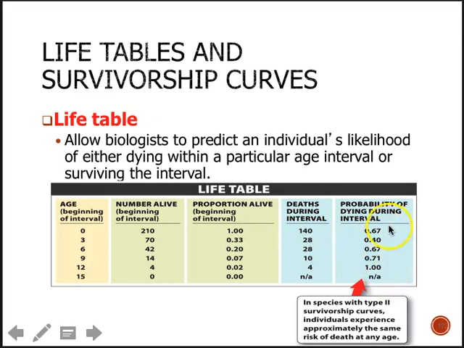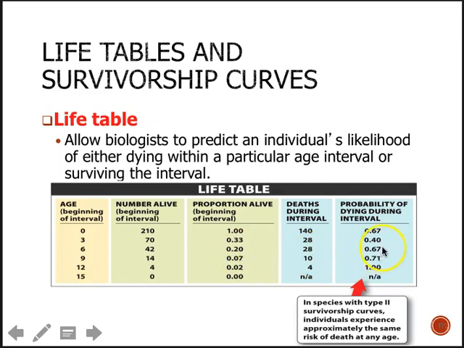Now, if you added up all of these, it doesn't add up to 100%. It's for each individual age interval that we're looking at these percentages. 3 years later, you've only got 42 individuals in the population. That's 70 minus 28, which gives you 42. You'll notice that these always do go down. So we've got 20% of the population now alive.